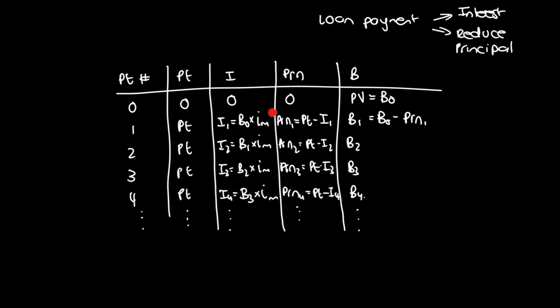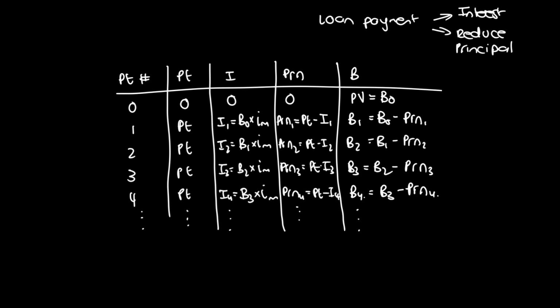So because we have how much the principal is being reduced, and we spoke about the fact that the reduction on the principal is what's actually changing the future value of your loan, you have your original minus the reduction of that month to get the new balance. And this is going to repeat: B1 minus PRN2, B2 minus PRN3, and B3 minus PRN4. And this is going to continue as well.